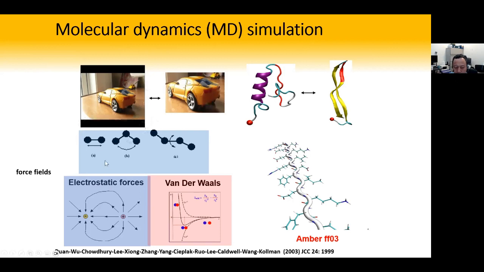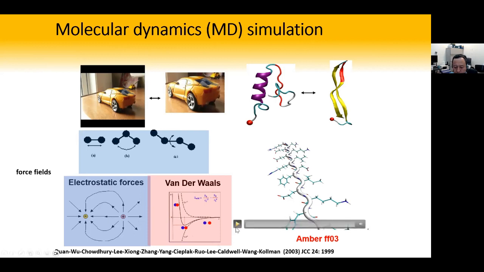If we define the atomic interactions, like the chemical bond, angle, dihedral angle, and long-distance interactions, like charge-charge interaction, dispersion interaction, the van der Waals interaction, and develop the parameters to characterize those interactions, then we can simulate the motion of the biomolecule.